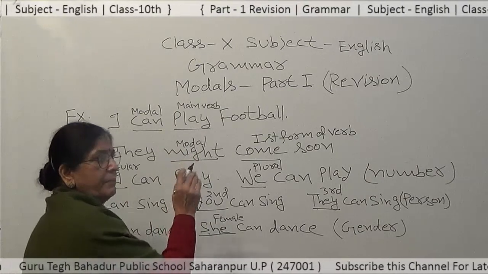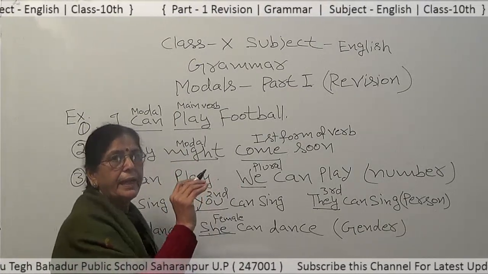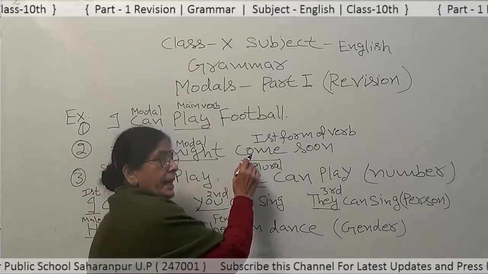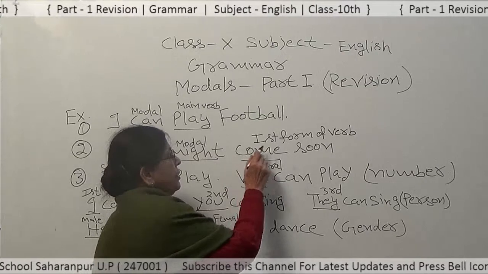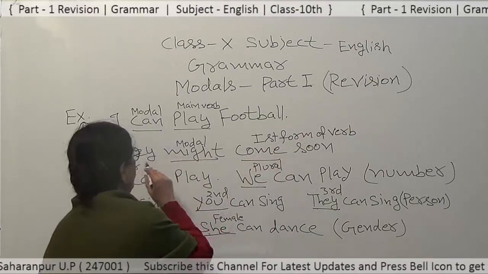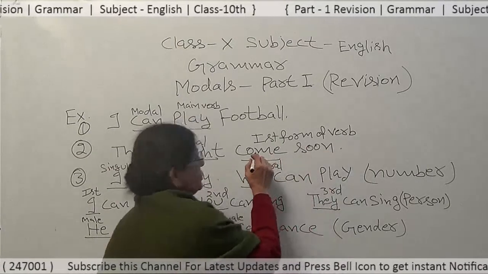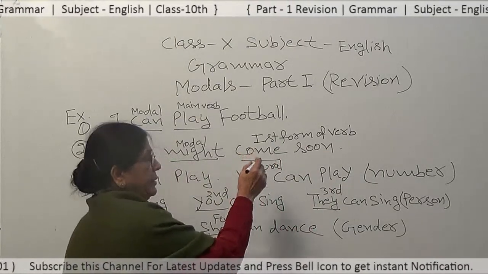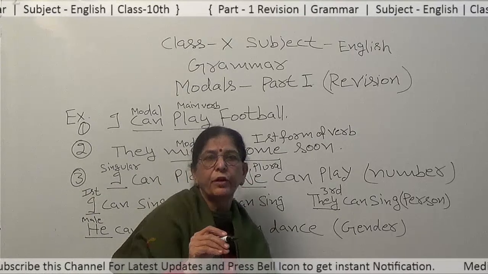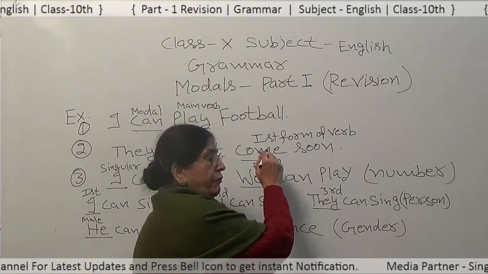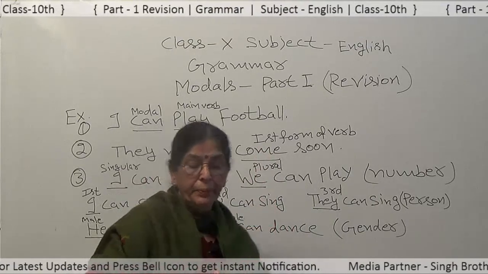Always, whatever may be the modal, it will take the first form of the verb. Here, come is the first form. We will never use the second form, came. First form is come, second form is came. Here we have used the first form of the verb.